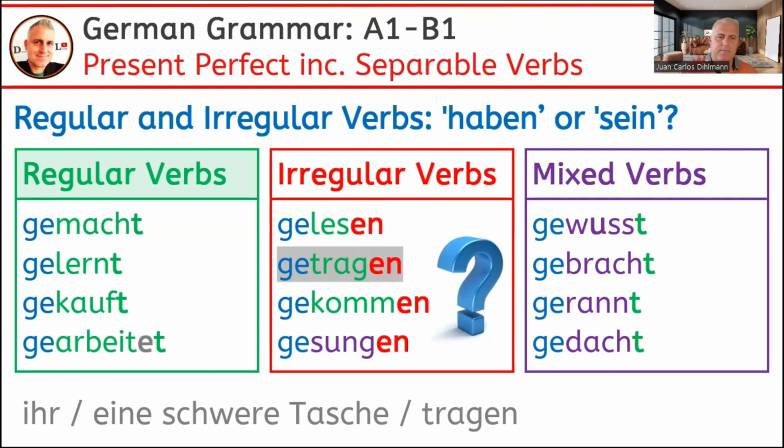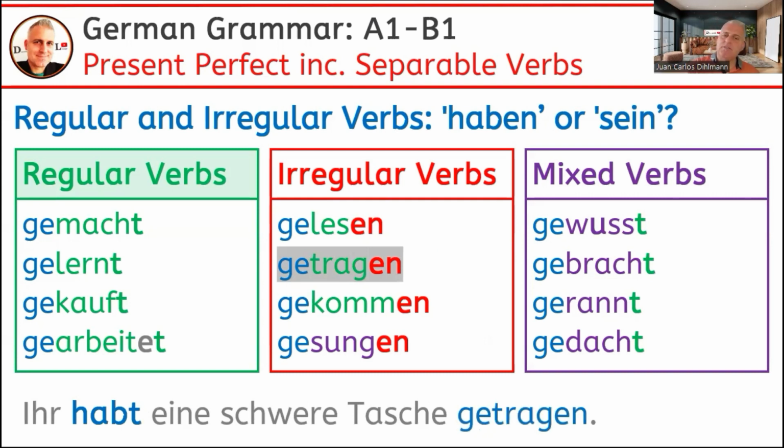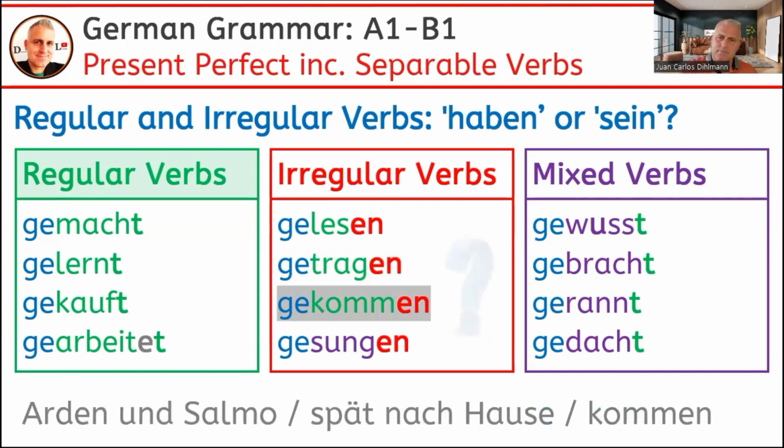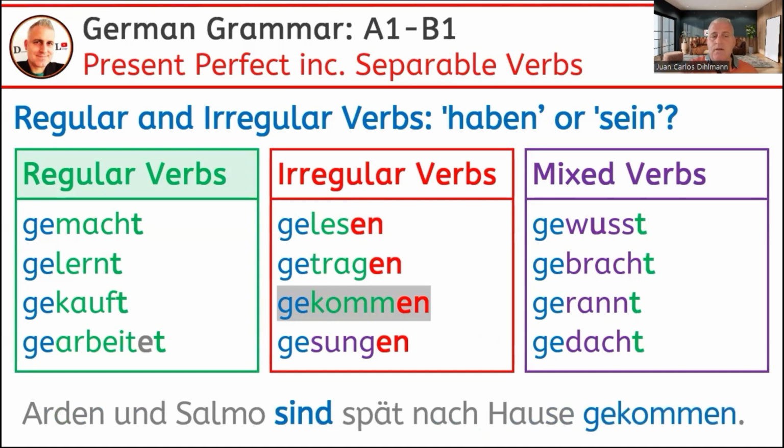What's correct? Ihr habt eine schwere Tasche getragen. And now, gekommen. What's the solution? Arden und Salmo sind spät nach Hause gekommen.